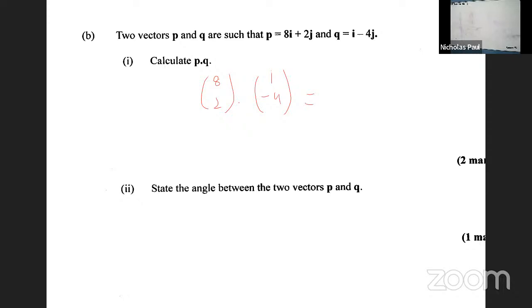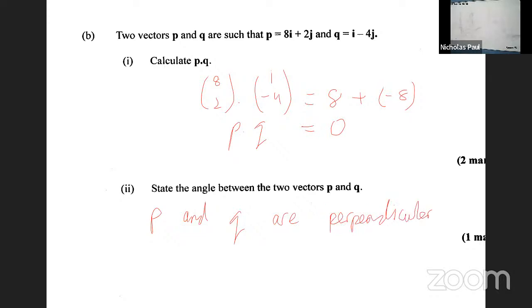So you'll get 8 by 1, that's 8, plus 2 by minus 4, that's minus 8. 8 plus minus 8 is 0. What does that mean? If the dot product is 0, then it's perpendicular. So it means that P and Q are perpendicular.